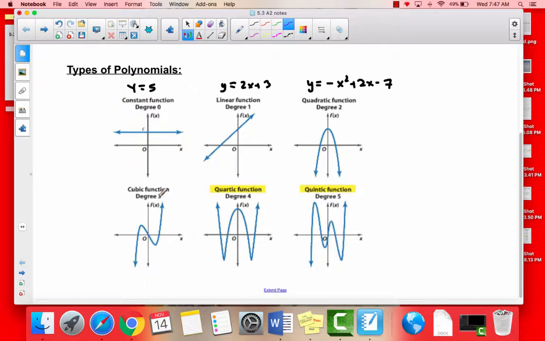The degree here was 3, so we could have 2 turns. The degree here was 4, and we could have 3. And the degree was 5, and we could have 4. Now, it doesn't have to have that many, but that's the most it could have. So this is important to keep in mind. The degree minus 1 is going to tell you the potential number of curves. All right, so make sure you have examples of those written down, or at least the names.